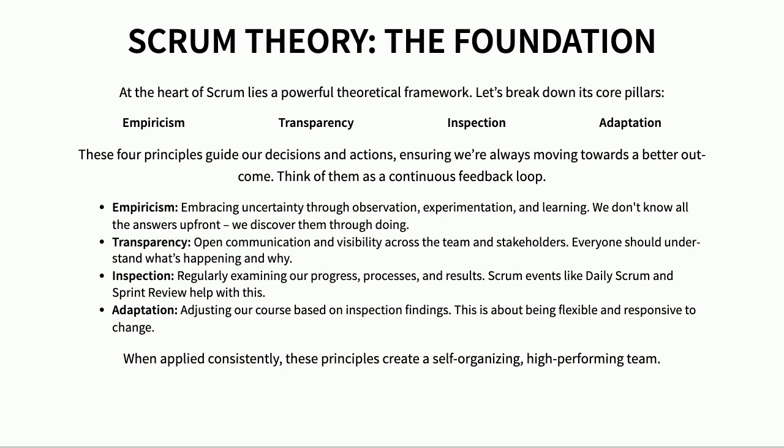We regularly inspect our progress through events like the daily scrum, looking for any roadblocks or areas that need attention. And finally, adaptation, because things will change. We adjust our plans based on what we learned during those inspections. Essentially, it's a constant cycle of learning and adjusting to get closer to success.